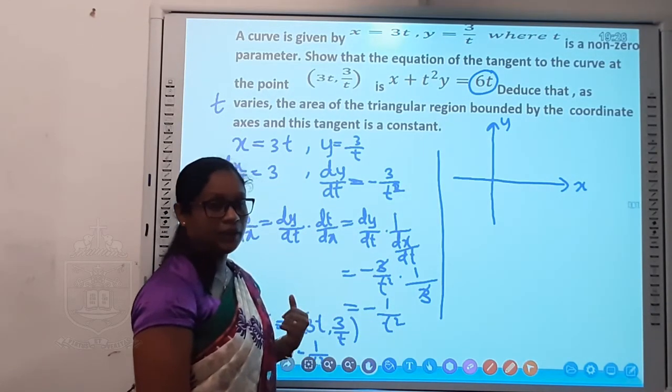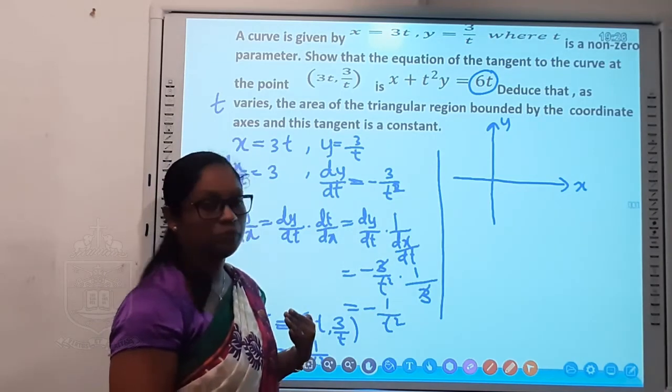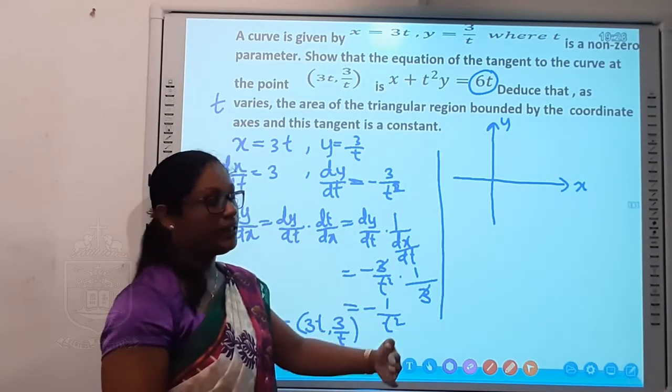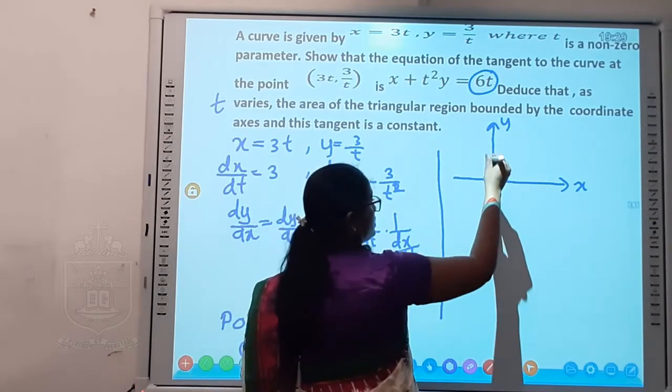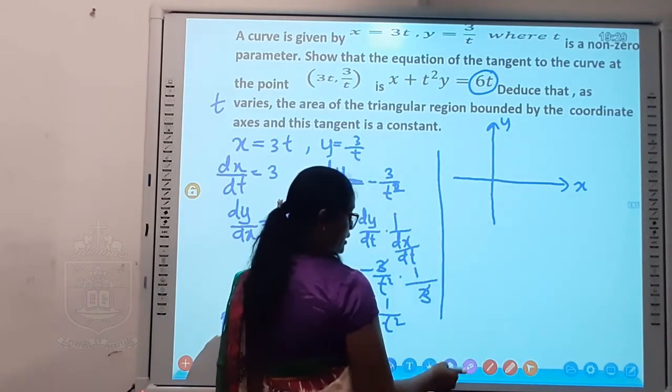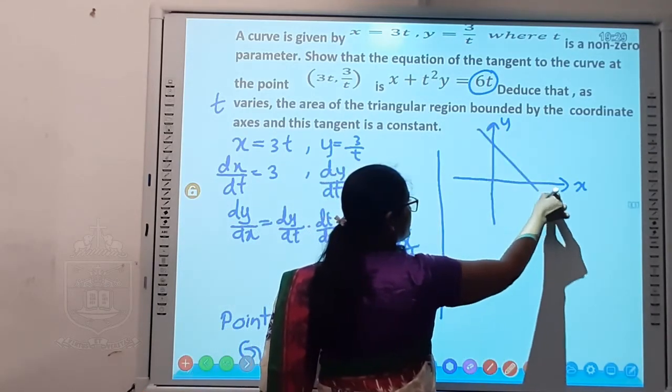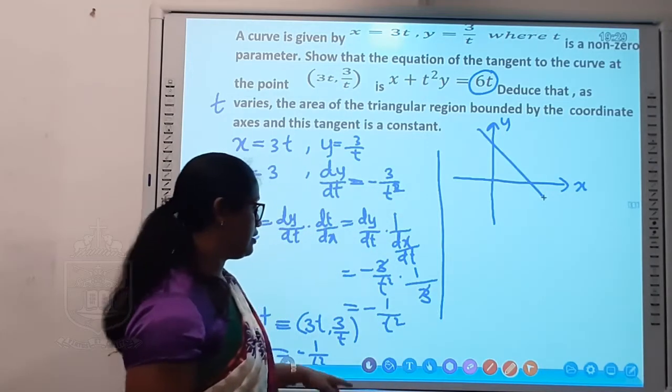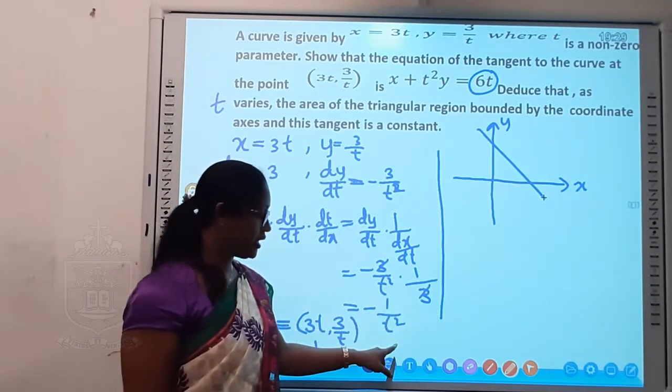If the gradient is minus, you know that the slope should be towards this direction, right? So therefore I can draw the tangent. I don't care about the curve, I just draw the tangent like this. It should be like this. I decided by referring to that.